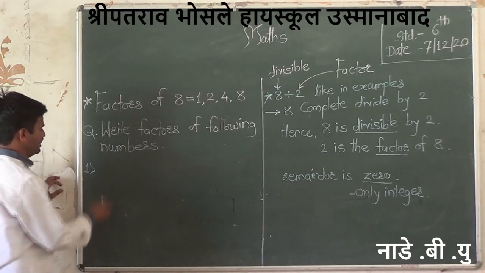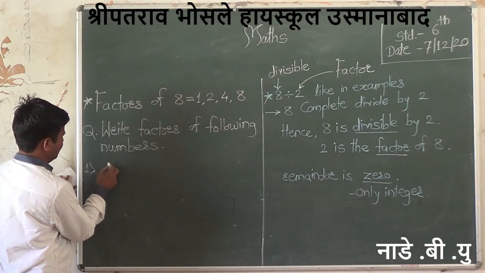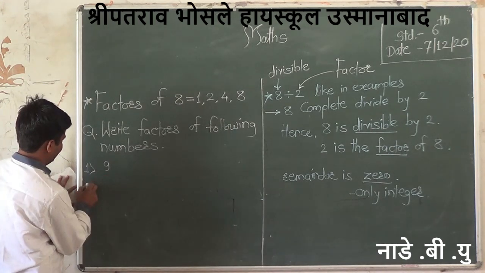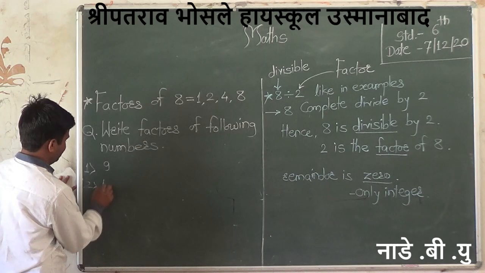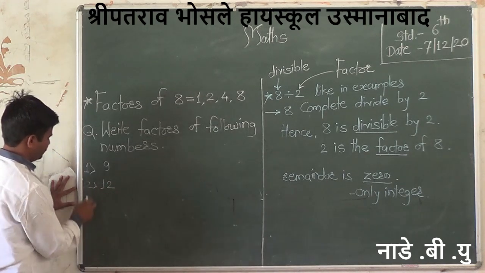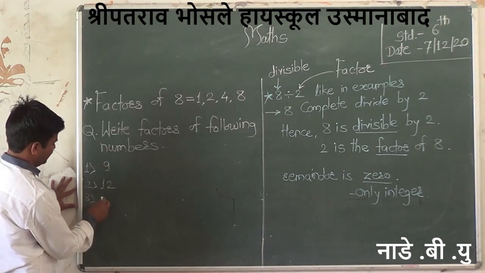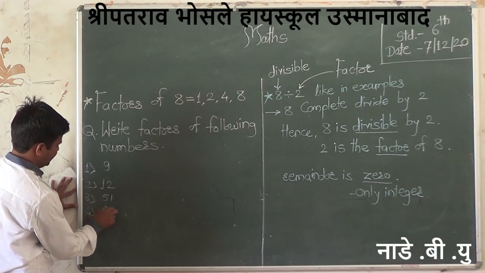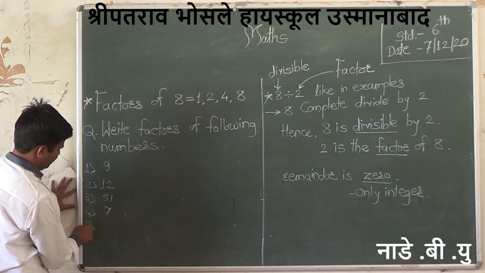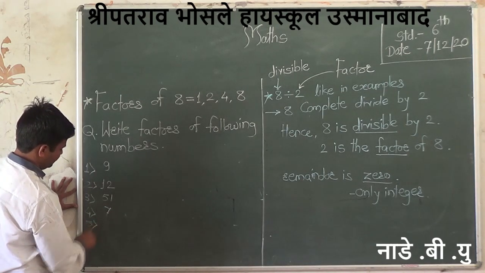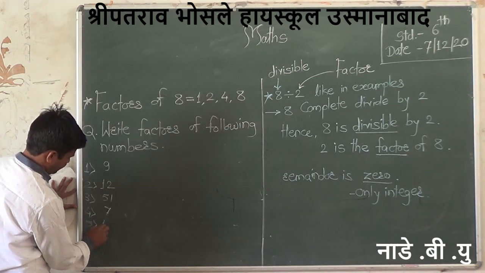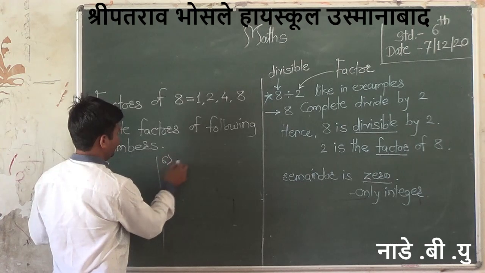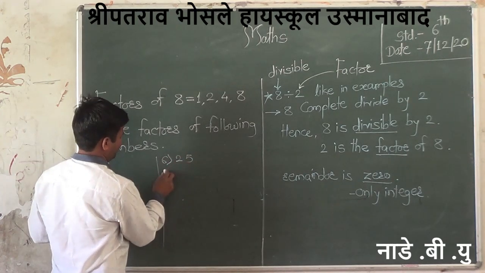The first number is 9. Write the factors of 9. Second is 12. Third is 51. Fourth is 7. Fifth number is 16. Sixth number is 25.